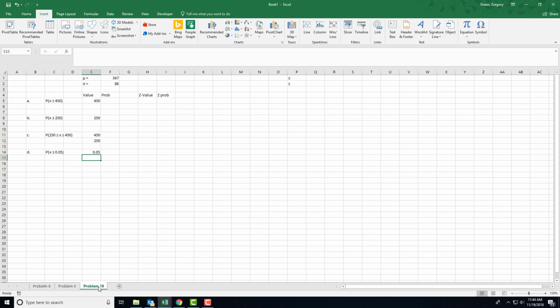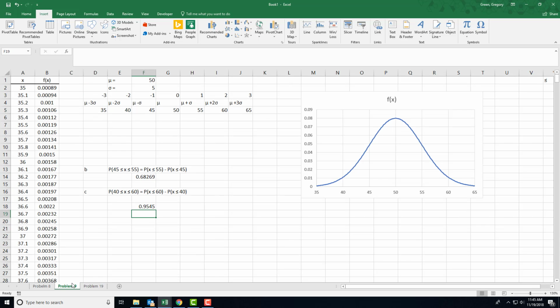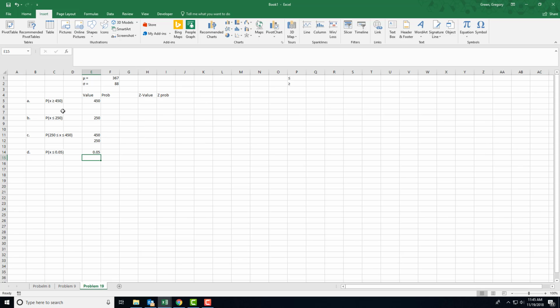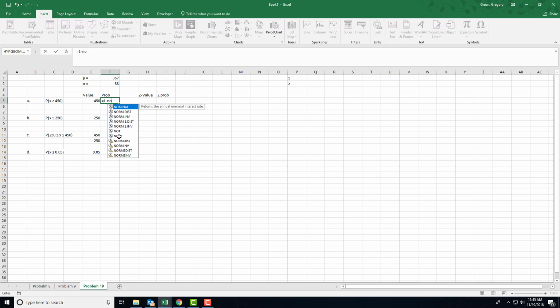All right, let's finish up this problem 19. 19 is a little different, but not much. Once again, I'm using the distribution. If I'm thinking of values greater than 450, I'm looking at an area now to the right instead of to the left. So I have to be careful with how I calculate this probability. I'm going to calculate it as 1 minus norm.dist.